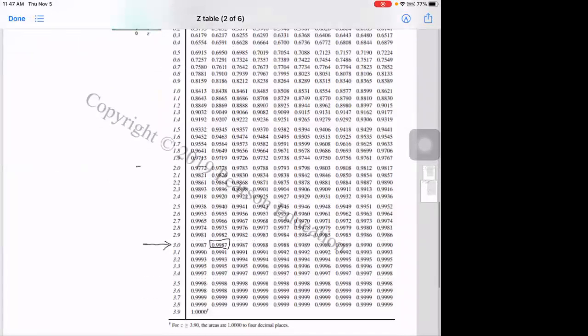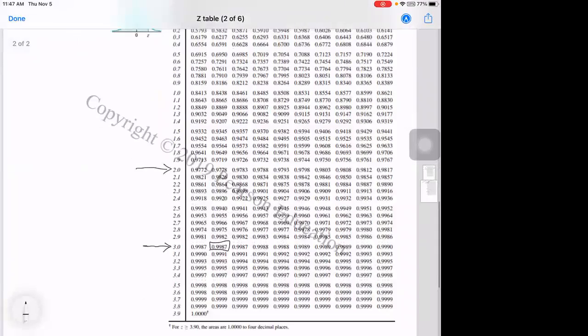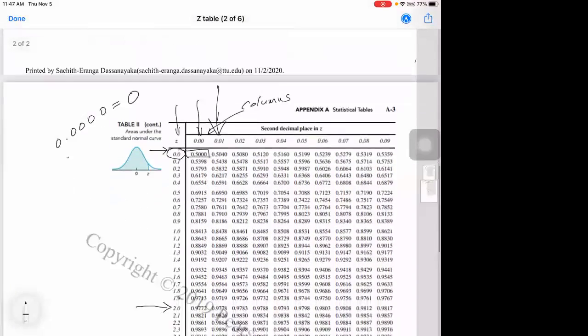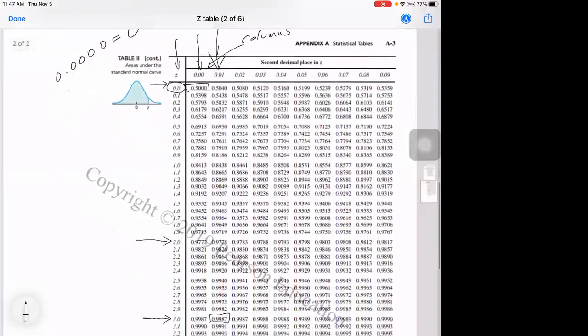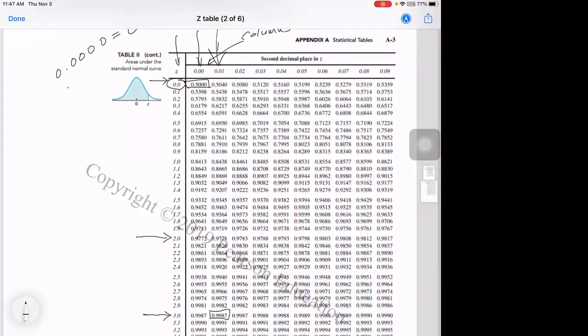Locate the 2 from the Z column, the 2.0 row, and 0 is the first column. So the value is 0.9772. Got it?